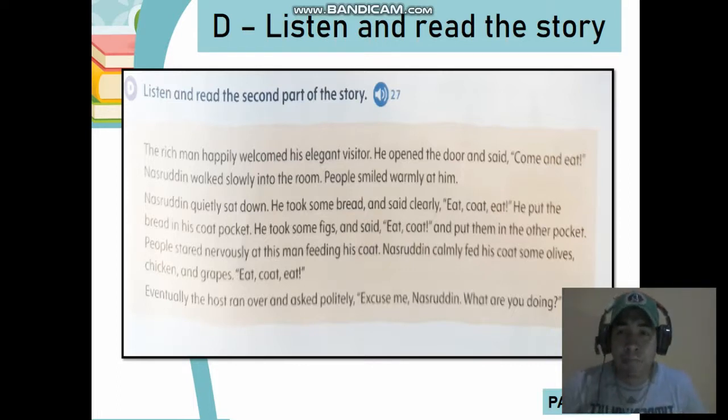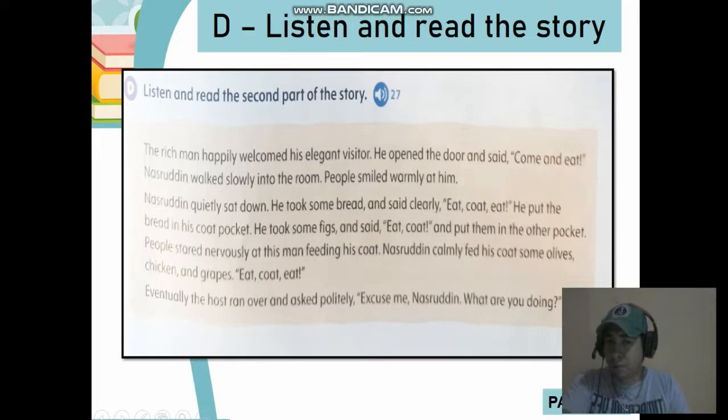The rich man happily welcomed his elegant visitor. He opened the door and said, "Come and eat." Nasruddin walked slowly into the room. People smiled warmly at him. Nasruddin quietly sat down.